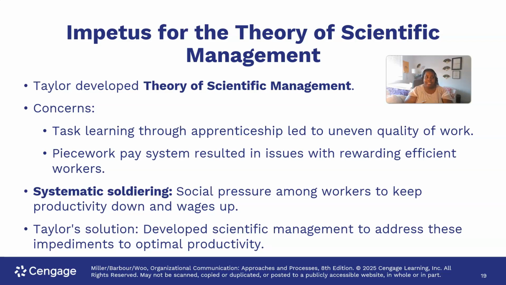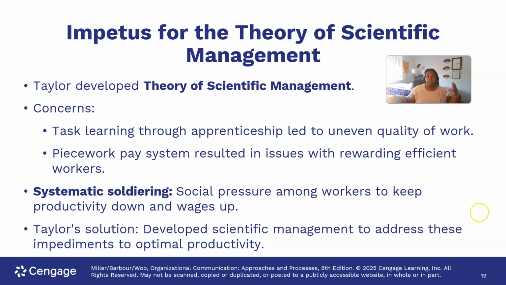Remember, this is the Industrial Revolution, and the shifting of social and societal emphasis on science. What is science? We're trying to figure out how we can apply science to everyday life. This is no different. With the scientific theory of management, we are trying to figure out how we can use the scientific method to make organizations more efficient.